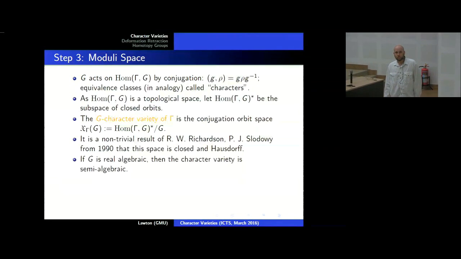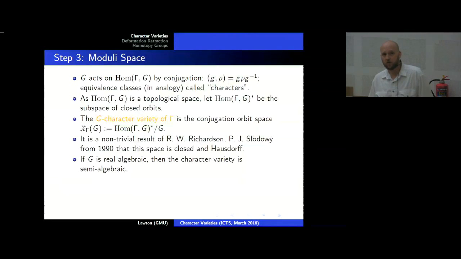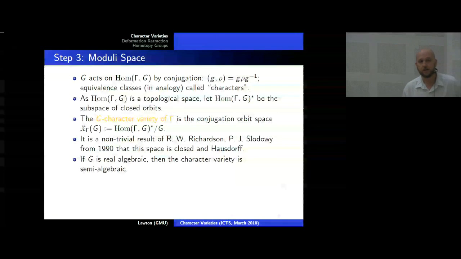And if G started off as real algebraic, remember the definition of reductive did not include that, it could have been semi-algebraic, think like the identity component of GL(n,R). Anyway, if it was real algebraic, then this space has an additional structure. It's not just a complete Hausdorff space, it's actually semi-algebraic, which is really nice.